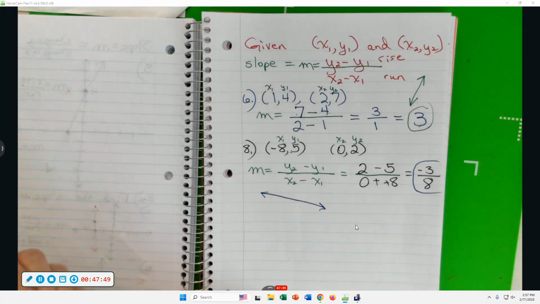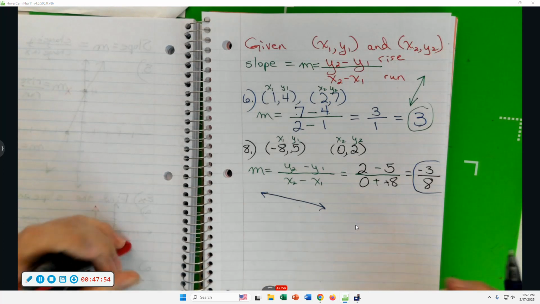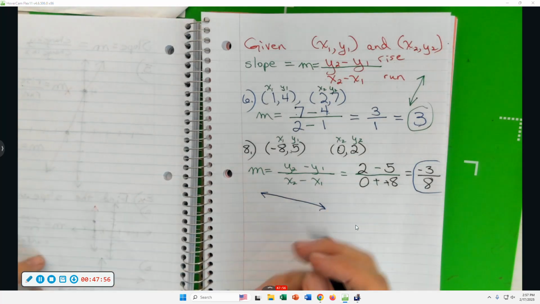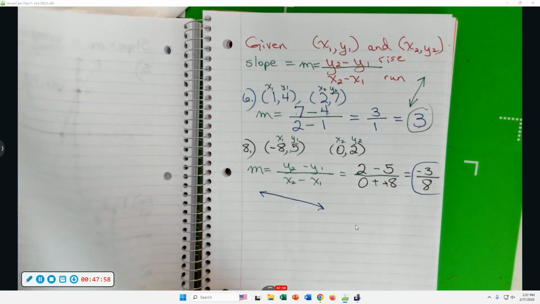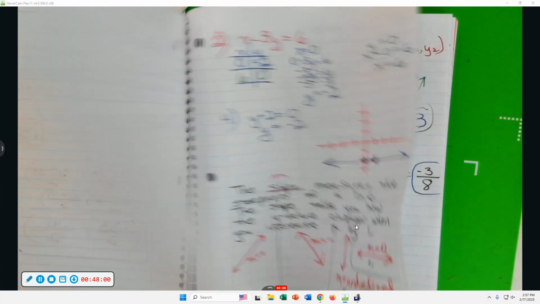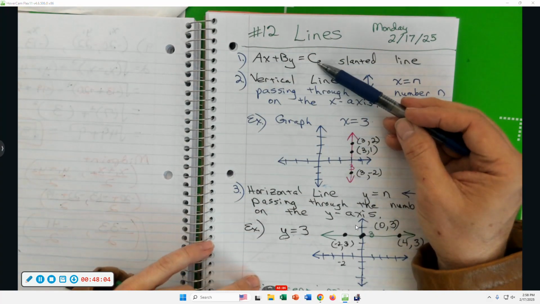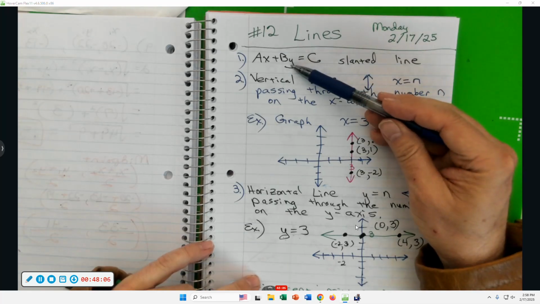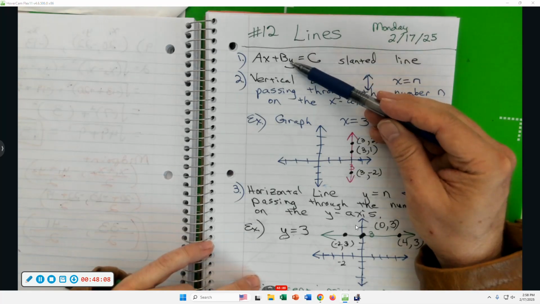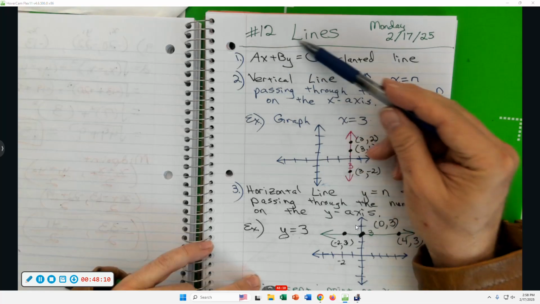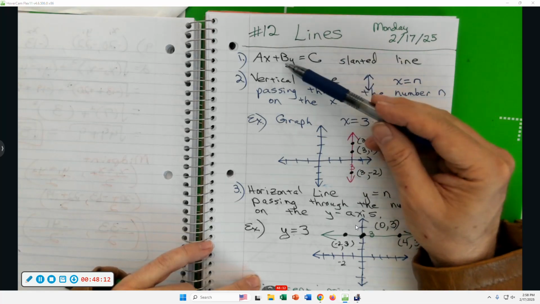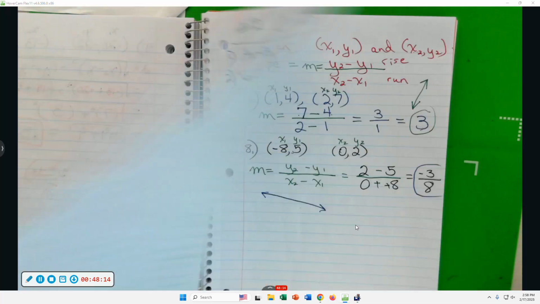This section is more algebraic than the last one, and we know standard form for the equation of a line is ax plus by equals c. Suppose you took standard form and you solved it for y.